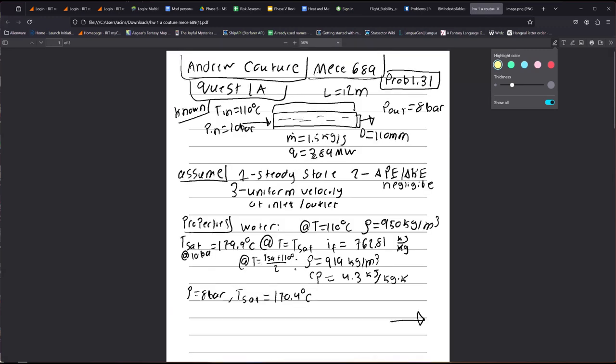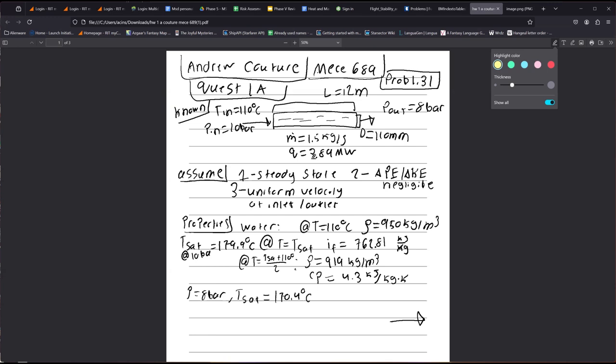So, what is known? First of all, I copied the schematic and known information from problem 1.30, in which it is given that the mass flow is 1.5 kilograms per second, the diameter is 110 millimeters, the length of the pipe is 12 meters, and the inlet pressure and temperature are 10 bar and 110 degrees Celsius.